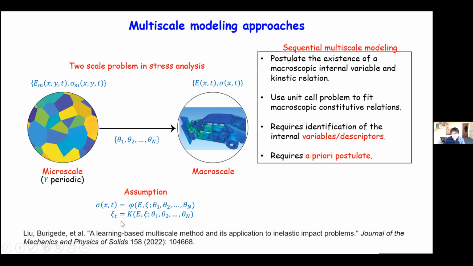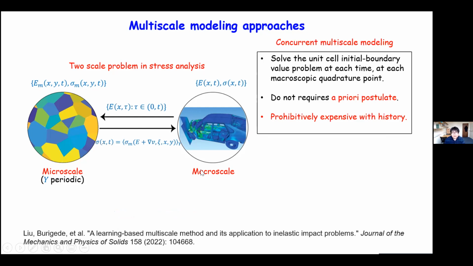And this can be fast, but of course, there's no way to justify whether this assumption is true or not, right? It can be that you identify more than enough state variables, or it can be the case that you need an infinite number of state variables to fully describe this. We don't know this, right? So this is the drawback of sequential multiscale modeling.